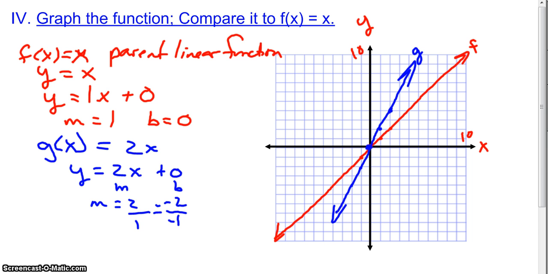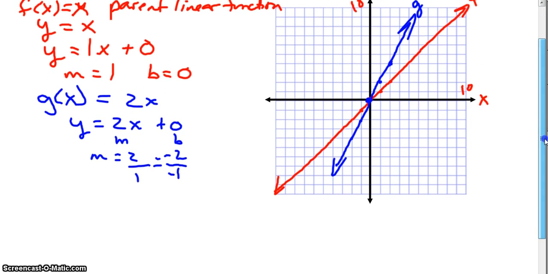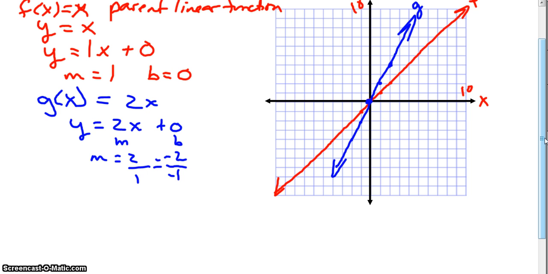So now, when we compare these functions, which is what we're going to do today, there are two pieces to the function that we talk about when we use this form for graphing, right? So what are the two parts of the function? What form did we say this is? Slope-intercept, right? So the two parts are slope and intercept.